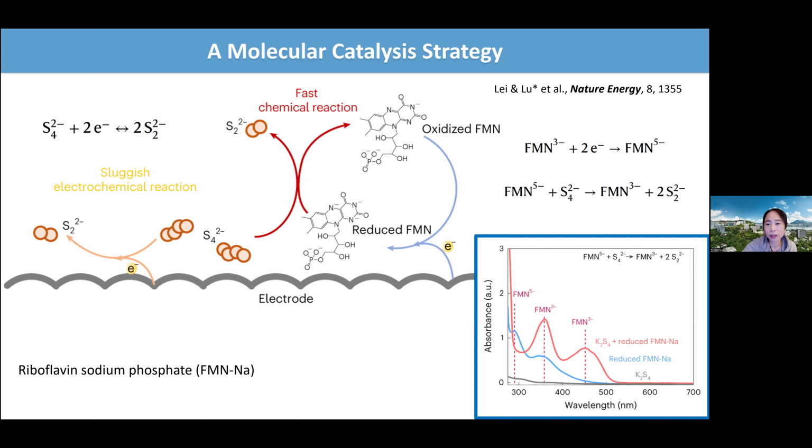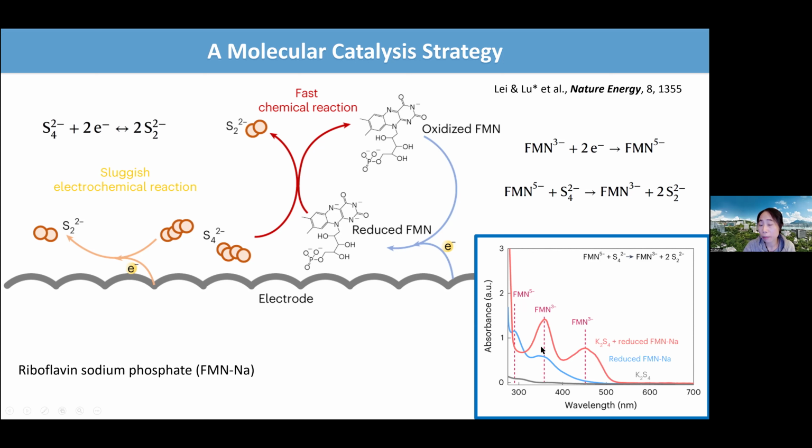molecular catalyst. And the first thing you need to check, whether this approach works or not, is whether this reaction actually exists, right? So we assumed that once we reduce FMN, we can chemically reduce S4 2-. So we use a very simple ex situ UV-Vis. You can see this gray line is the solution for S4 2-, and the blue line is the reduced form of the FMN.